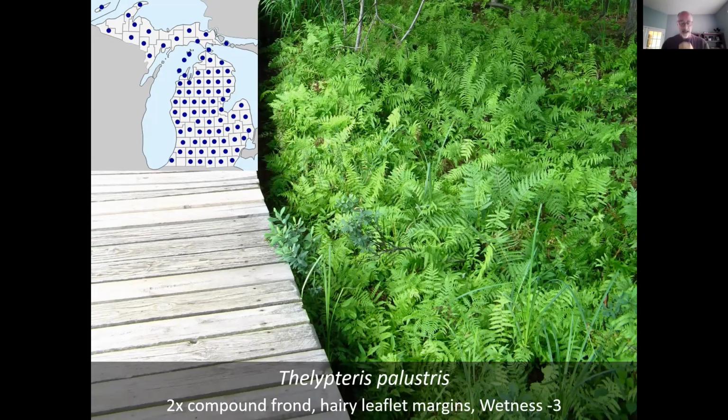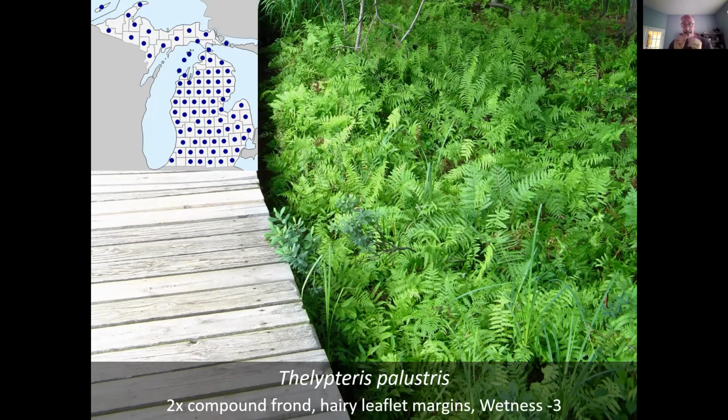This is a boardwalk at Ludington State Park. So I'm sure you know the place well. Thelypteris, the whole genus is really easy to identify. It tends to have twice compound fronds, not always, but usually.